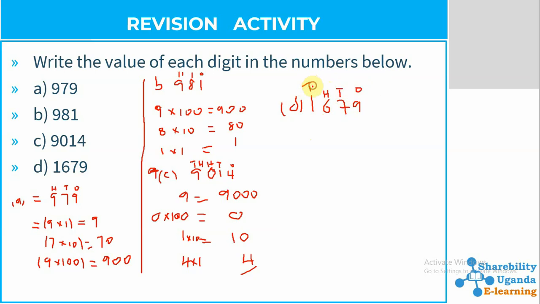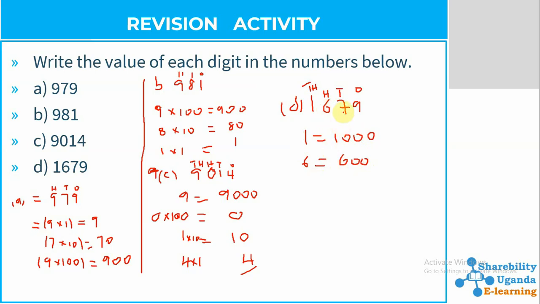So this simply means we shall say our 1 times 1,000. Our 1 is going to be equal to 1,000. Then our 6, its value is 600, from 6 times 100.